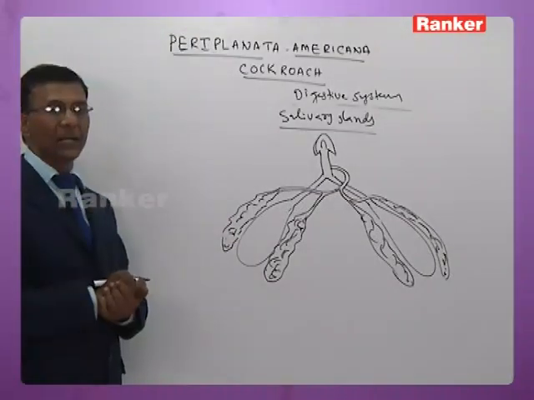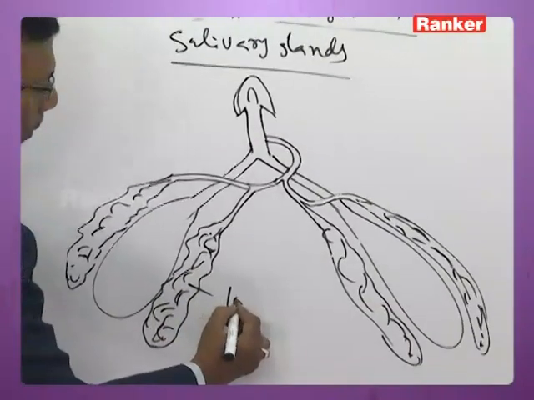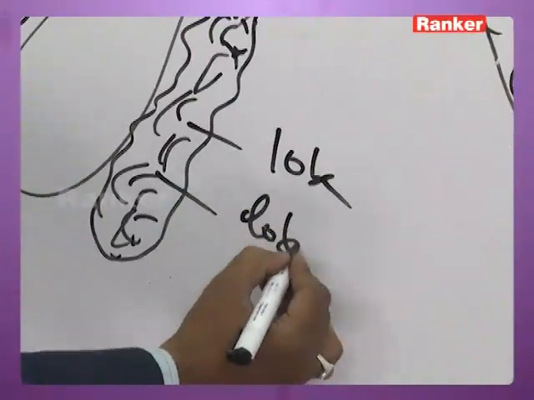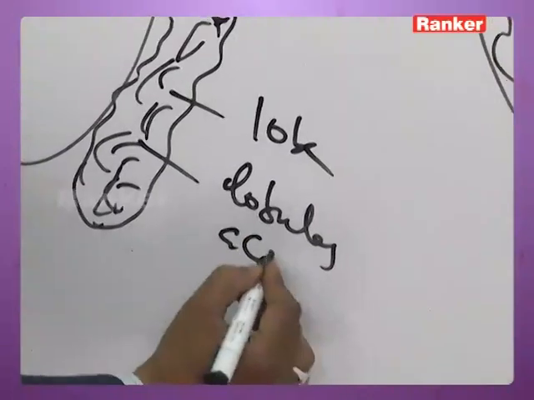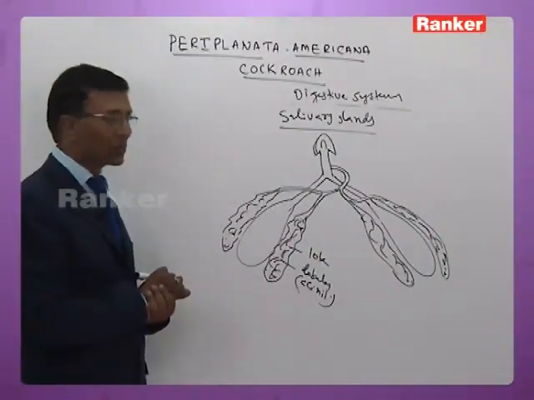Each lobe is made up of several lobules or acini, which are meant for secreting salivary juice.